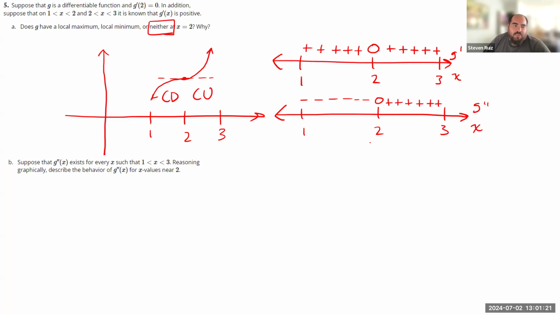So I have an inflection point. So, reasoning graphically, if I were to describe the behavior of g double prime for x values near 2, as I progress from left to right around x equals 2, my function goes from concave down to an inflection point to concave up.